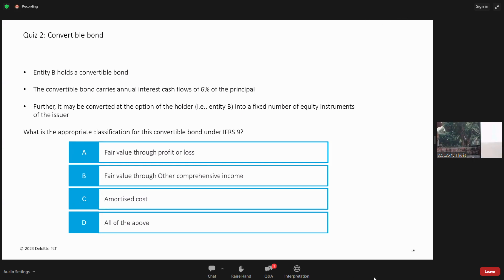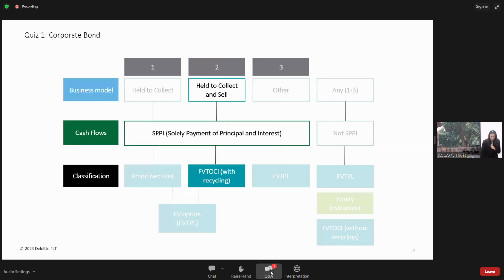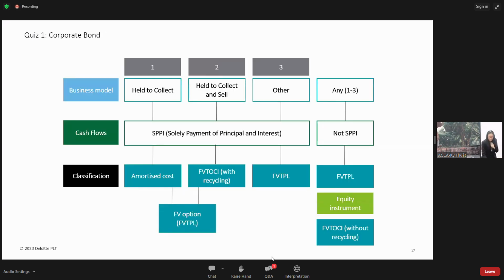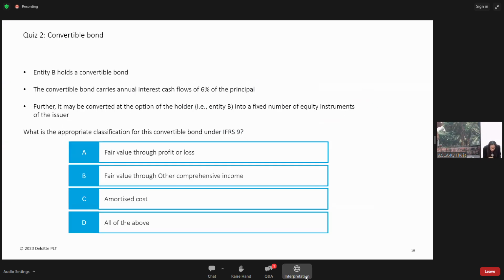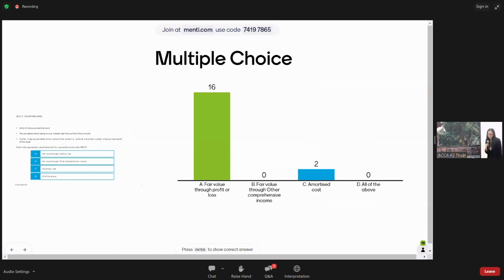Could you please go back to the previous slide to show the Menti code? Oh, you want to see this? The Menti code. Hang on. Yeah, 74197865. Yeah, thank you.